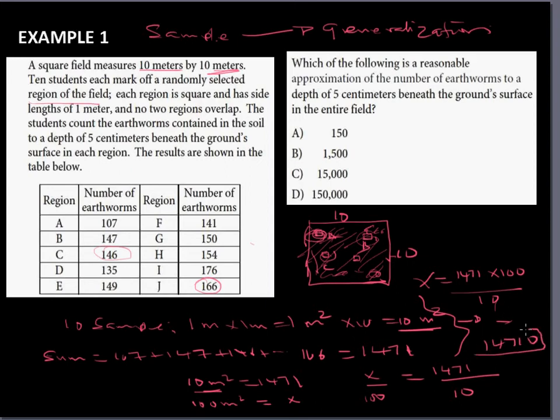So in essence, I get an estimate of close to about 15,000 that will occupy the total area of interest. And therefore, the closest answer here in this case is C. This is how you take a small sample, do a survey, and use proportion to generalize what your results will be. So your answer in this particular case will be the answer shown.